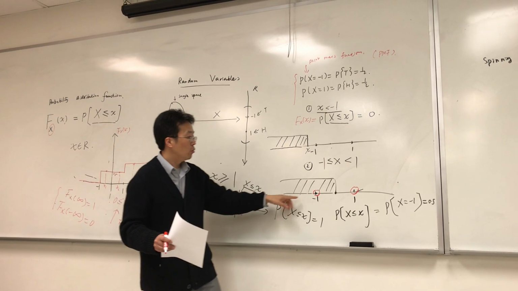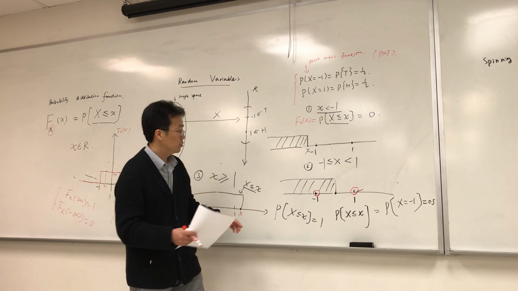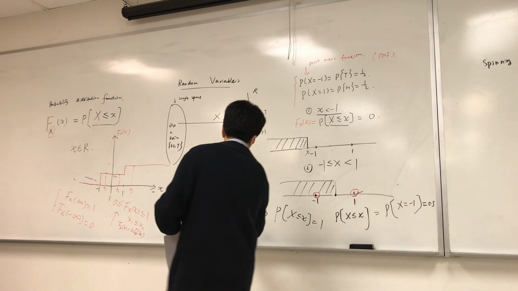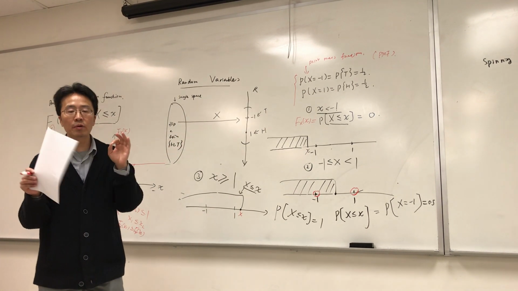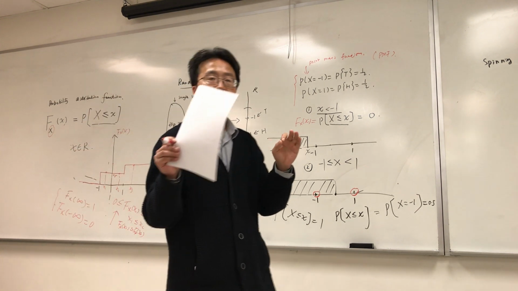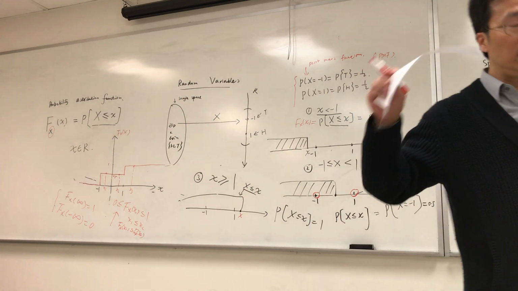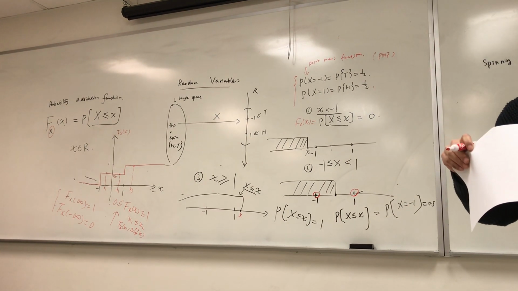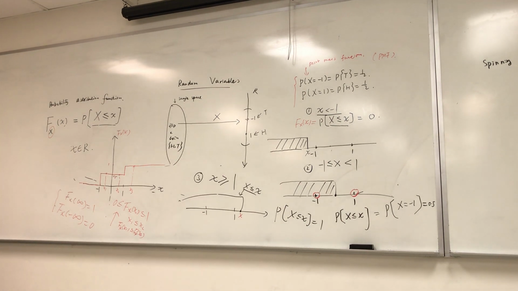Case number 3, when the realization is on the right side of 1, which is here. Because we have to determine the function value at any position on the real-time axis, that's the reason why we have to figure out all the possibilities.